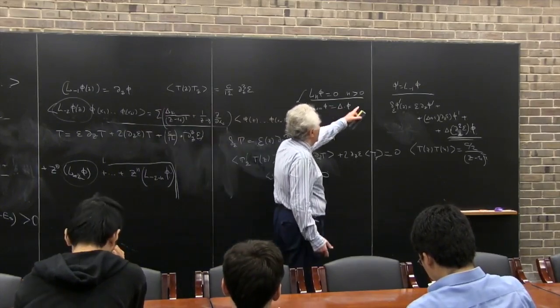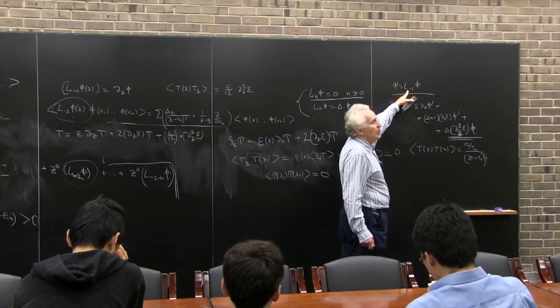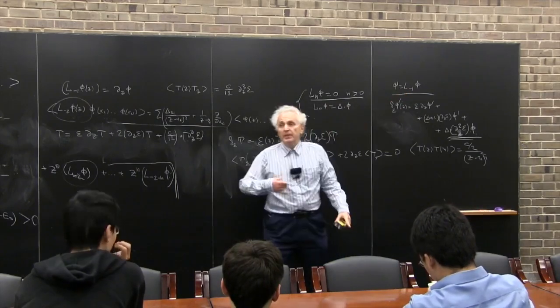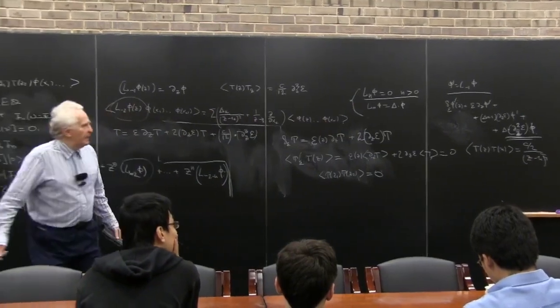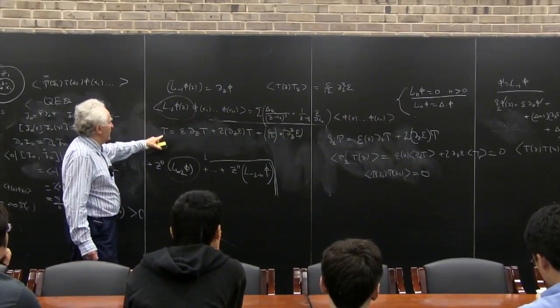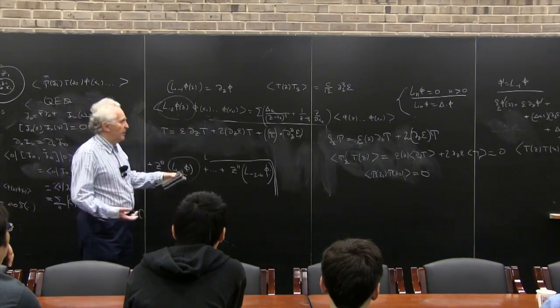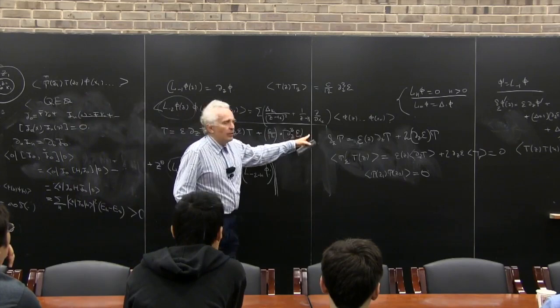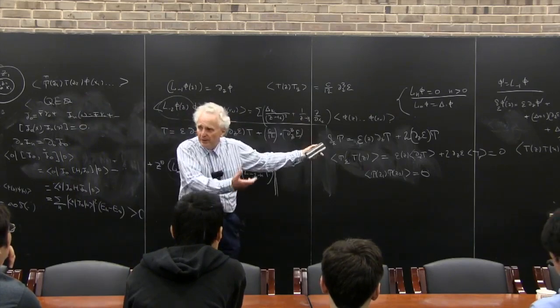So it is actually a descendant on level 1. Its dimension is delta plus 1. T is a descendant of the unit operator, because this expression is not multiplied by anything. It's multiplied by unity, so to say.